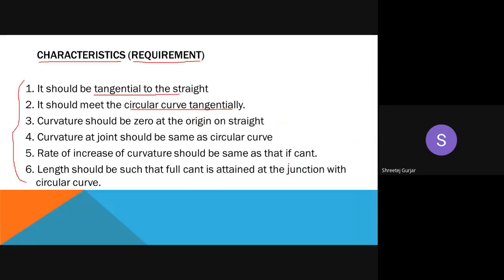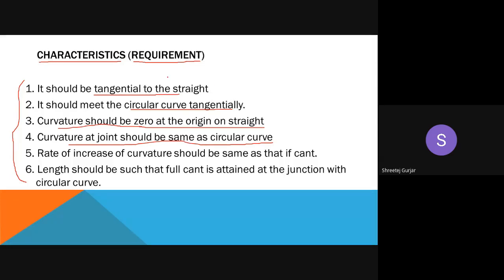Next, curvature should be zero at the origin, on the straight, right? As I've told you, the curvature should be zero at the initial starting point, and the curvature at the joint should be the same as the circular curve, correct? So these two points I've told you.